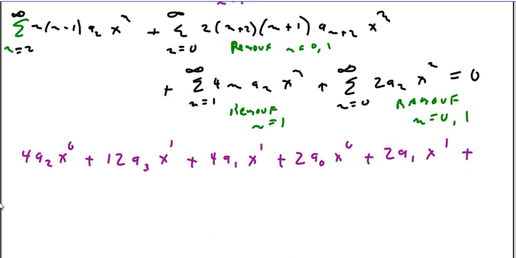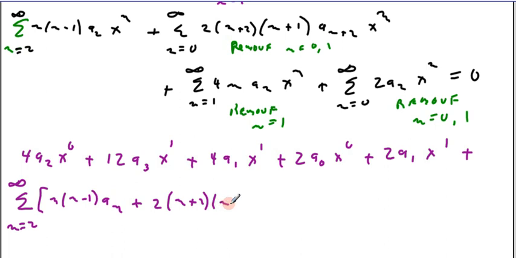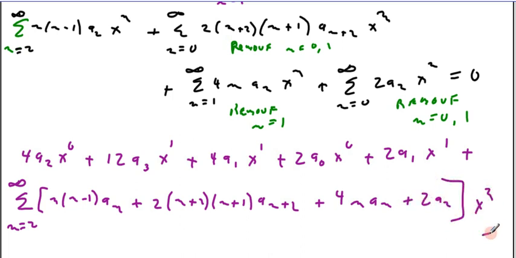And then I have plus the summation n equal 2 to infinity of (n minus 1) an plus 2(n plus 2)(n plus 1) a(n plus 2) plus 4n an plus 2an, x to the n is equal to 0.